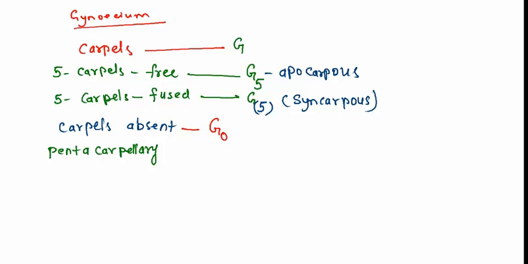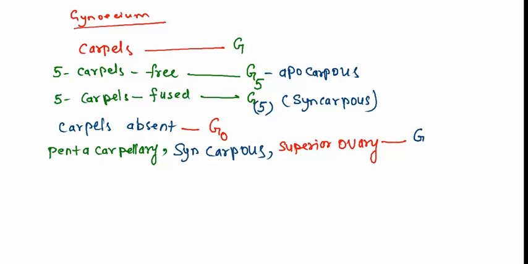Ovary is pentacarpellary and it is syncarpous, meaning having 5 carpels, and all the carpels are fused, and also the position of ovary is superior. In such case the symbolic representation is capital G, that is for gynoecium.